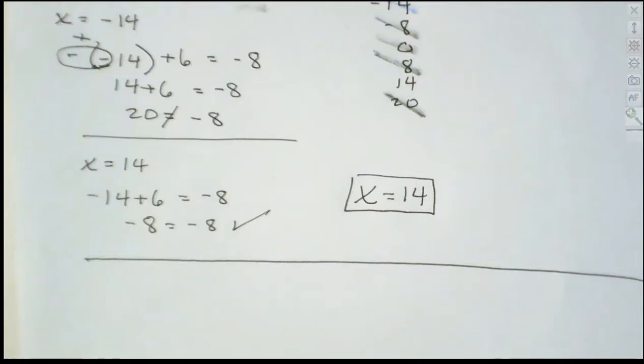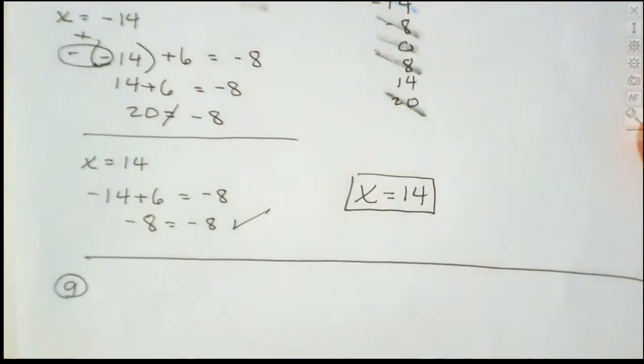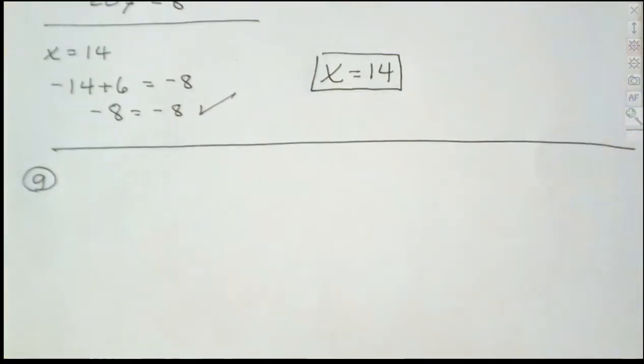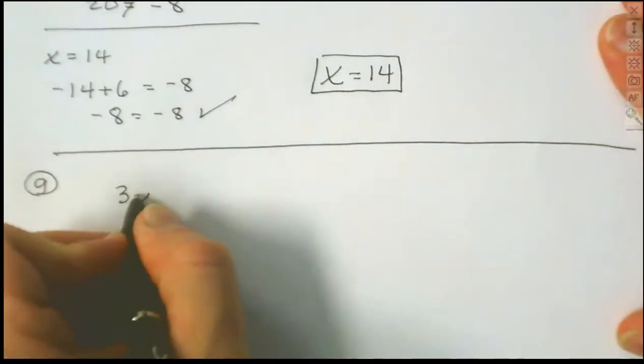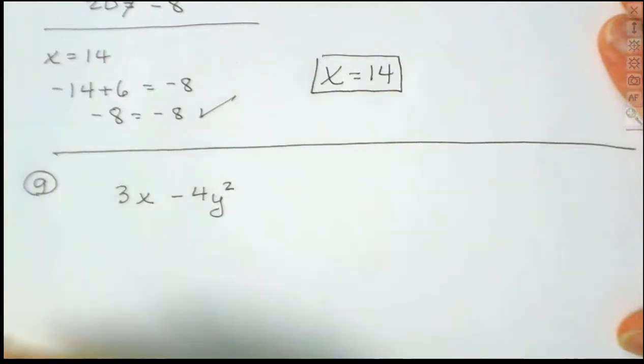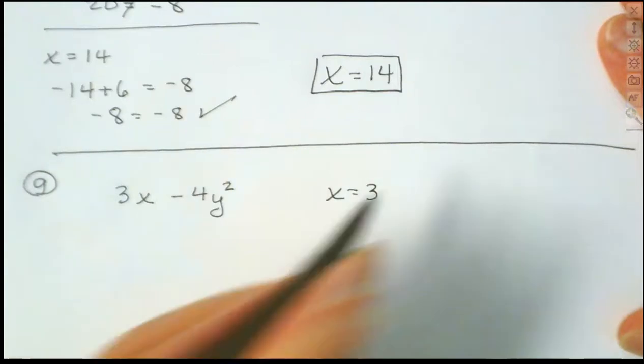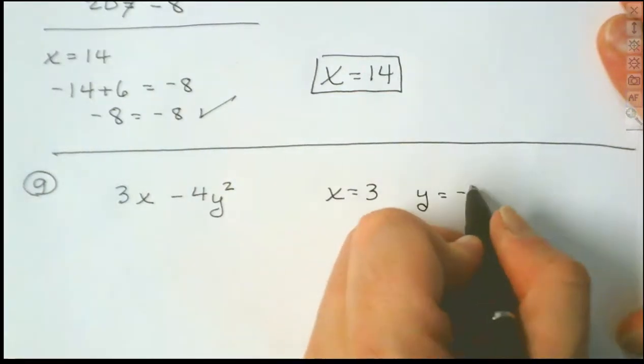Question 9. Question 9, we've got a square, and we're going to go through the same type of procedure that we did a moment ago, where we plug the variables in. So we've got 3x minus 4y squared, and we need to plug in x equals 3 and y equals a negative 4.